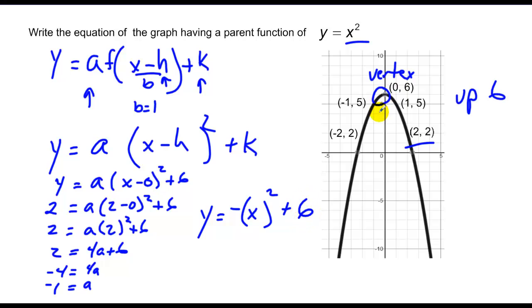Which makes a lot of sense because this has been reflected and moved up. Notice, if I go from 0, 0 to 1, 5, I've moved down 1 and over 1. And then I've gone down 4, but only over 2. So that's kind of like my standard pattern of over 1, up 1, over 2, up 4, but this has been reflected, thus the negative.